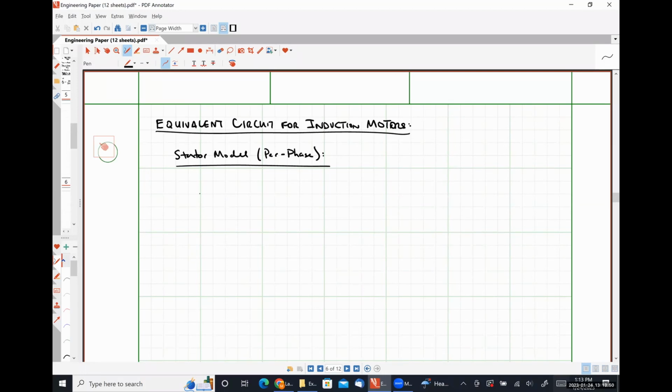So the stator is going to look like this. Here is our stator voltage across one phase. We are going to have some resistance R1 in series with some reactance jX1.